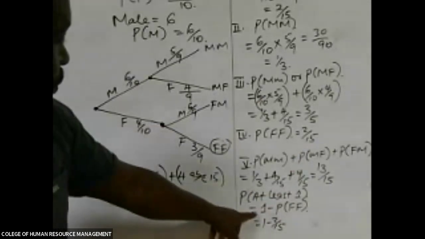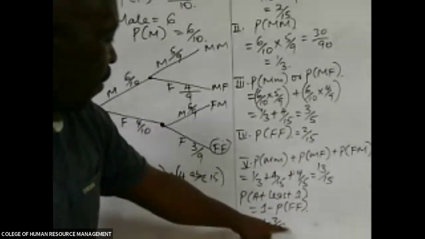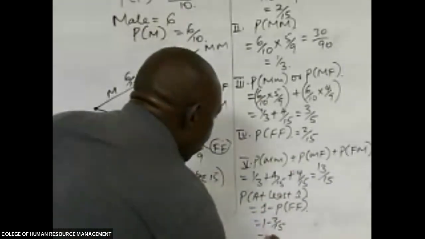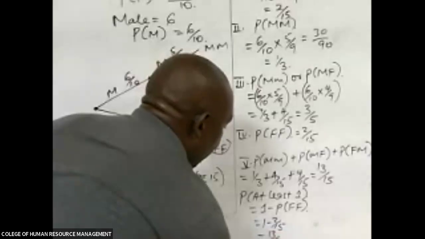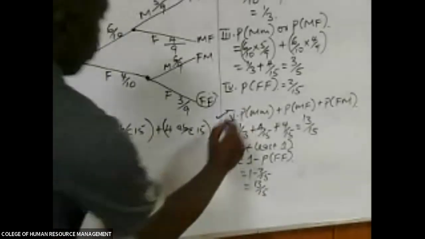You get that. So when you do this, 1 minus 2/15, you will still get 13/15. So you can use this approach or that approach.